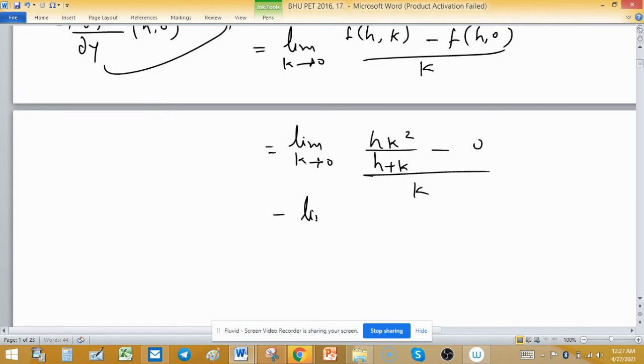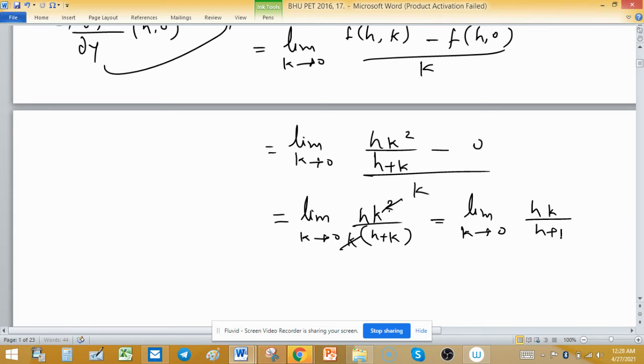This is nothing but the limit as k tends to 0 of h k squared divided by h plus k, divided by k, and k cancels out. So the limit as k tends to 0 of h k divided by h plus k, after taking the limit as k tends to 0, is 0 upon something, which is 0. So the limit of this is 0, meaning simply we can write f_y(h, 0) is 0.